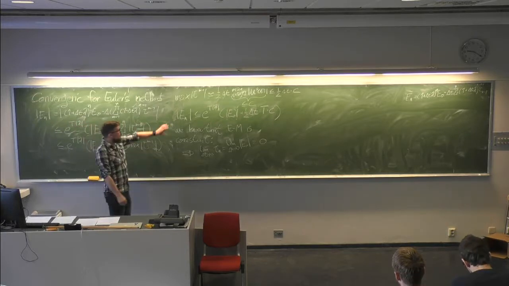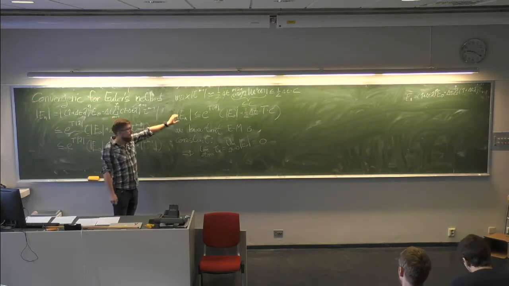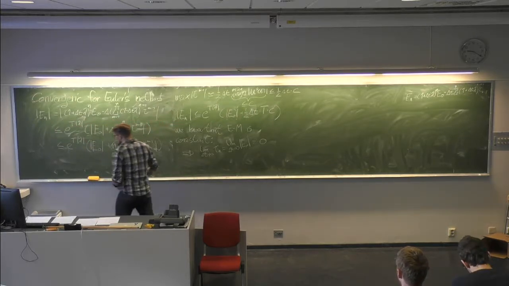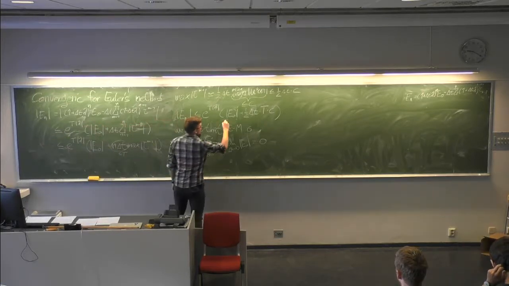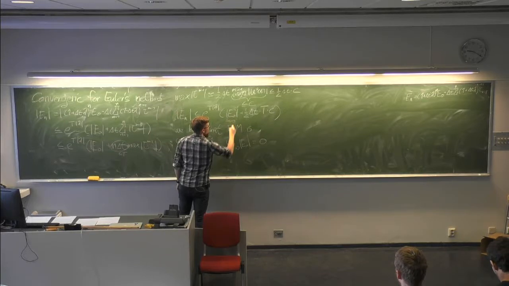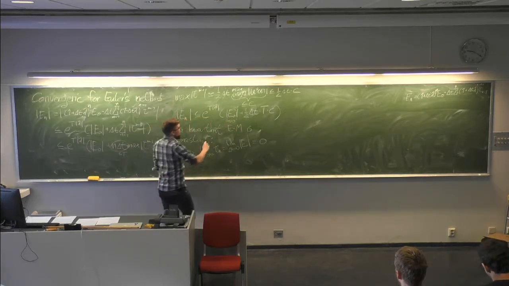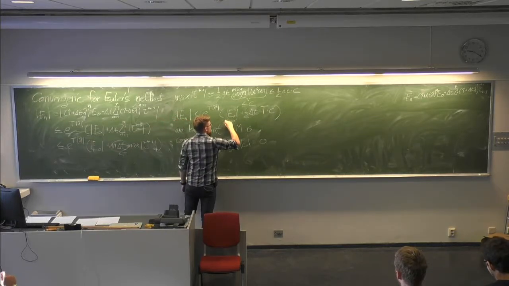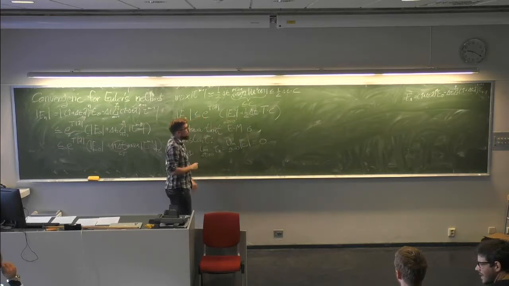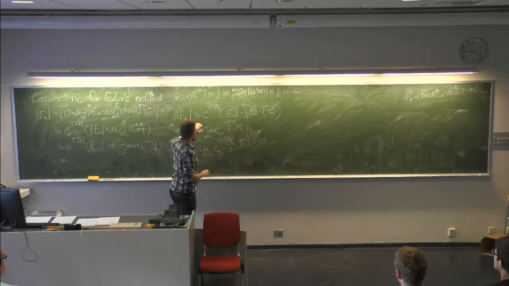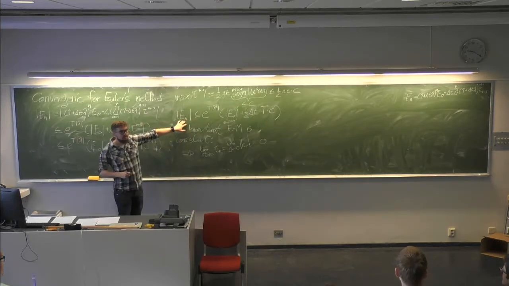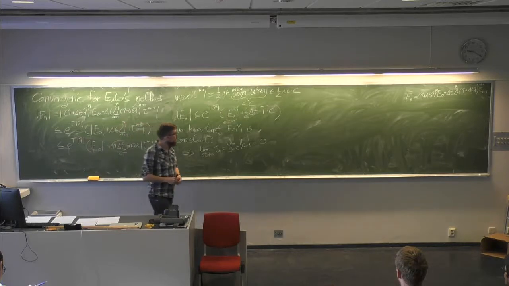Okay, so what would happen with the global error when we know that this one tends to 0? Well, when delta t tends to 0, then this one will also tend to 0, and the global error will tend to 0 as delta t tends to 0.